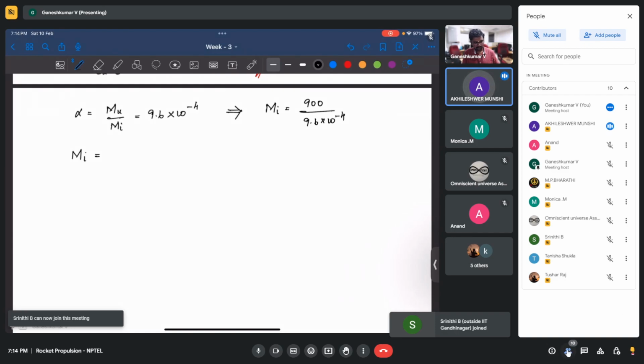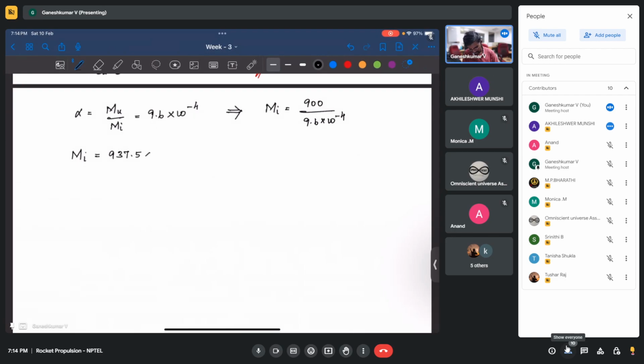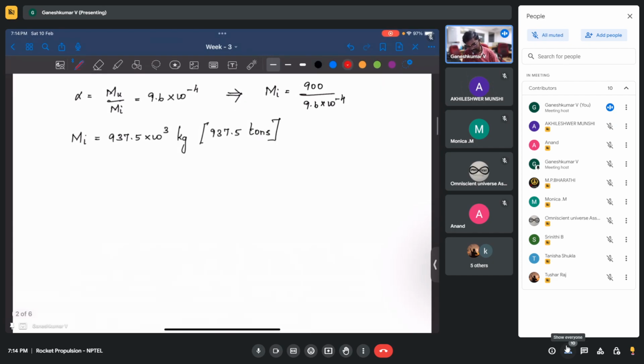It's coming 937,500 kg, so maybe I can write it like 937.5 into 10 power 3 kgs. This can also be written as 937.5 tons. So this is the total weight of the rocket initially.